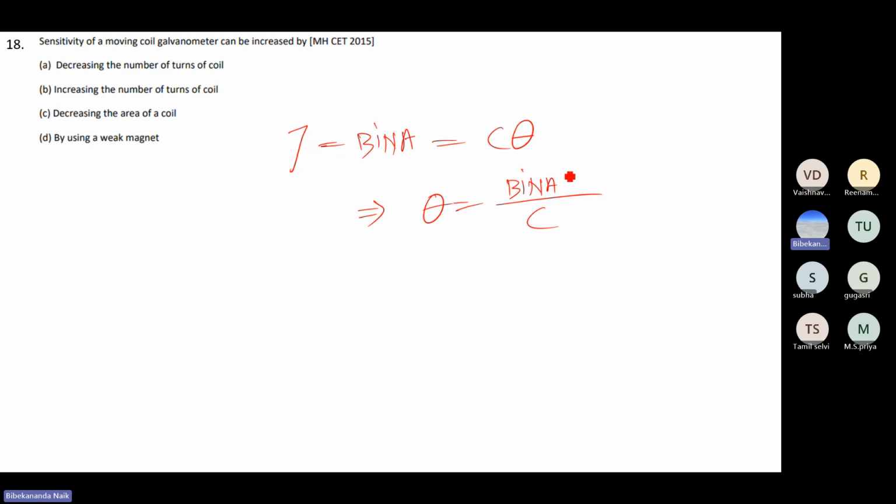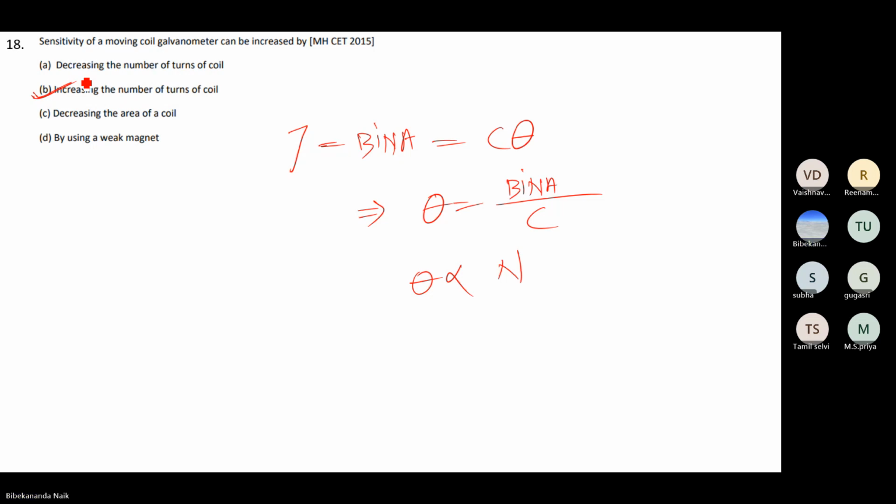The value of theta will be more, so that it will be more sensitive. So we can identify very small deflection by using very small current because the value of theta is more. So since here the value of theta is directly proportional to the number of turns, that is N, the sensitivity of the moving coil galvanometer can be increased when you increase the number of turns of the coil.